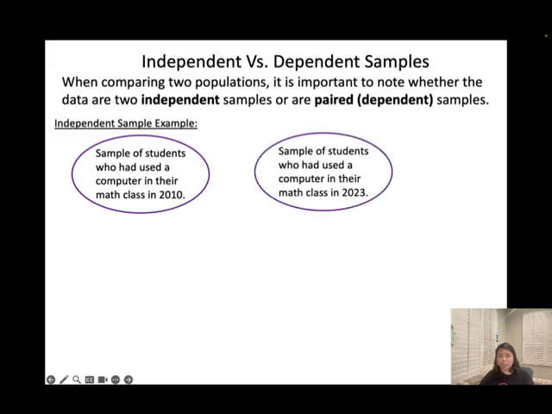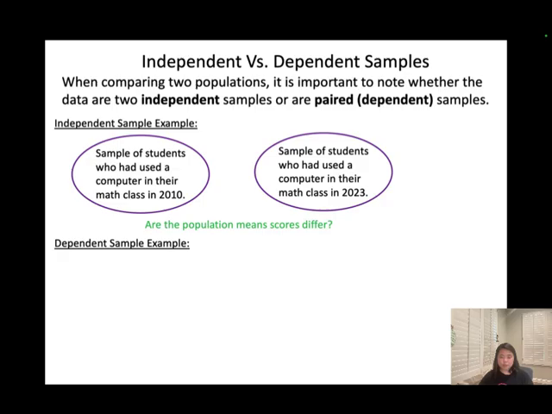And then I have another population, a sample of students who used a computer in their math class in 2023. So we have two different populations, and the samples from these two groups are independent. And the claim will compare whether the population mean scores differ.